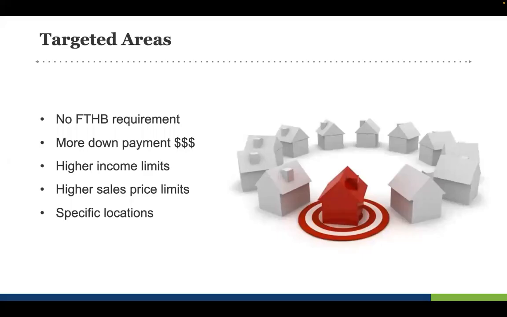Some DPA providers identify targeted areas within which they offer some unique benefits, which would commonly be a waiver of any first-time homebuyer requirement if there was one, more down payment assistance dollars in those targeted areas, higher income and purchase price limits in those targeted areas. But those areas would typically be bounded by a census tract or zip code, sometimes an entire city or even sometimes an entire county. But there could be interesting benefits in those targeted areas.